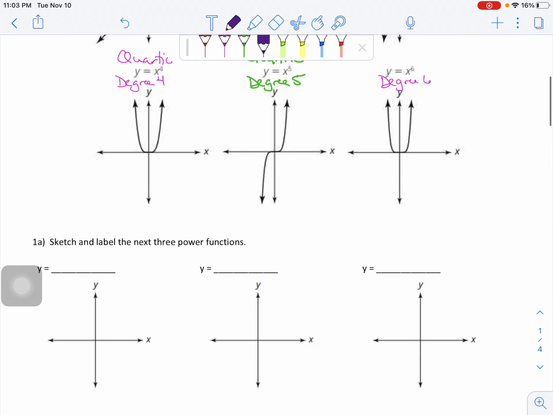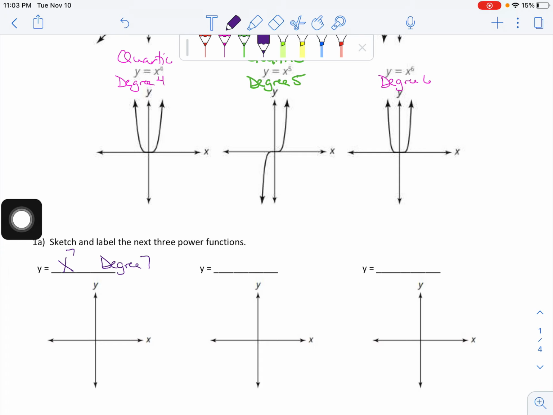So the next thing we're going to be doing is we're going to label the next 3 power functions. We left off here with degree 6. So this next one's going to be degree 7, which means the power function would be x to the 7th. And I'm just going to write degree 7 off to the side to remind us, okay?